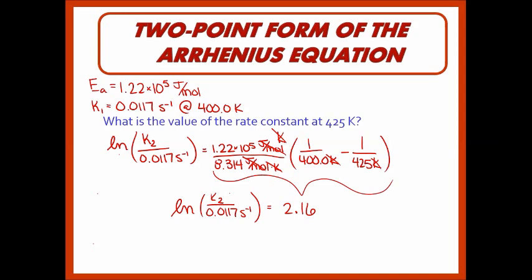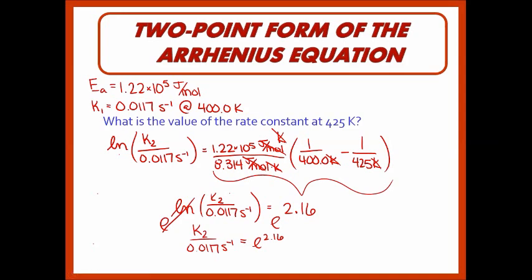So if we take e to both sides, this will cancel out this ln factor. And so now we know that K2 over K1 is equal to e to the 2.16.